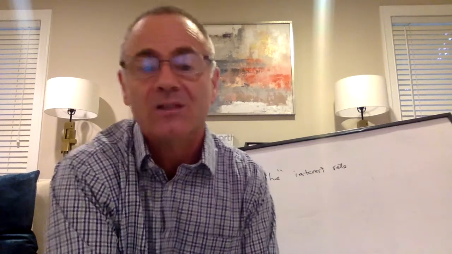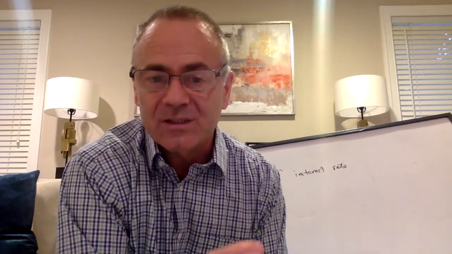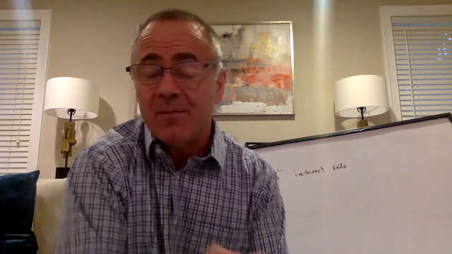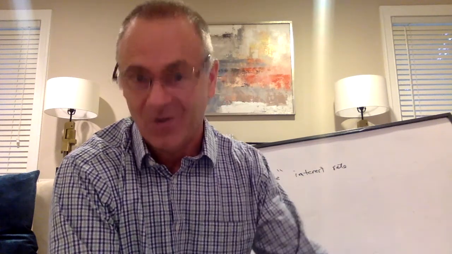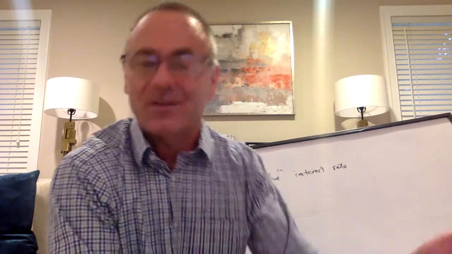Those two loans have a difference of about 2.5%. So that means the second bank thinks the probability that I'll pay off the second loan is lower than for the first loan.